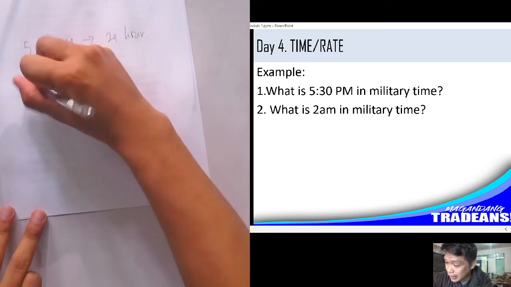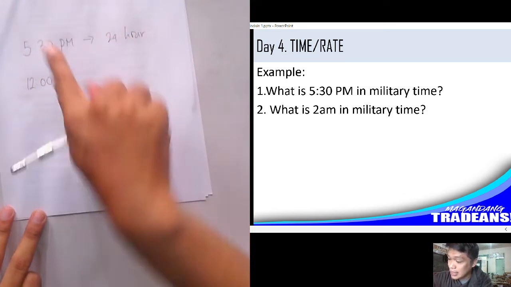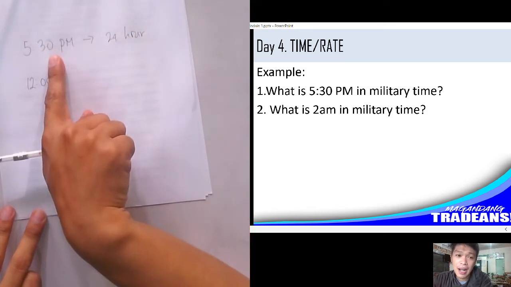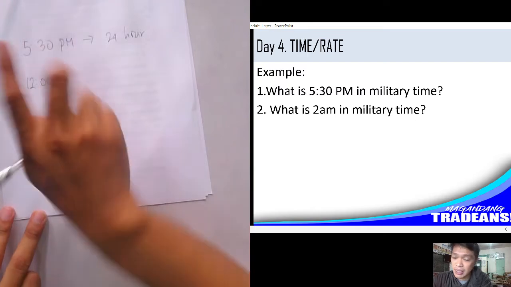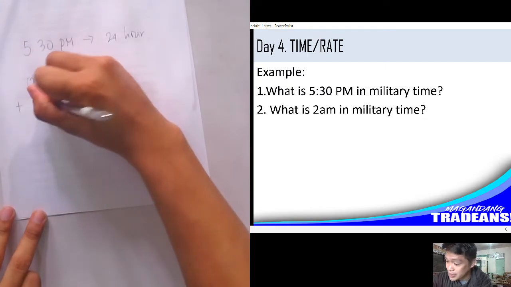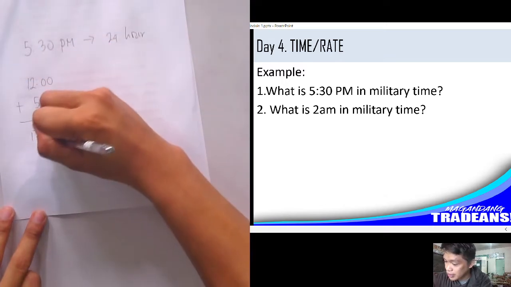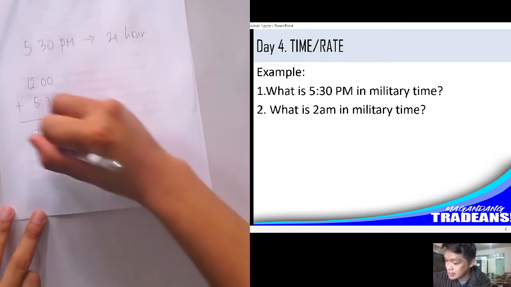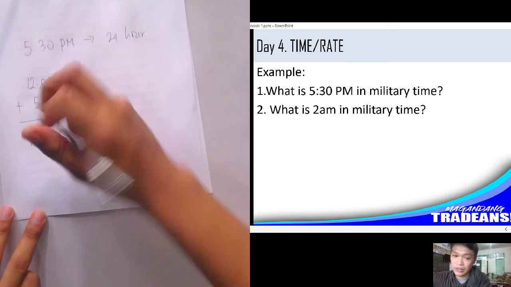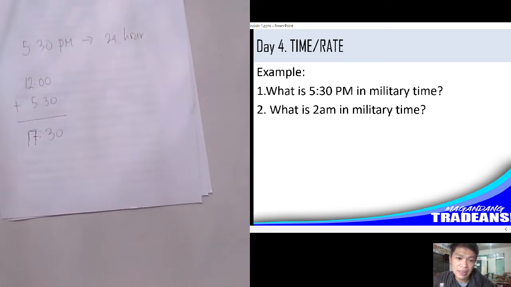So, therefore, maglagay na tayo ng 12. Ilang oras para darating ka sa 5:30? Mag-a-add ka ng 5 hours and 30 minutes. So, 12 plus 5 magiging 17:30. And that is now the answer. 17 o'clock and 30 minutes is our military time.